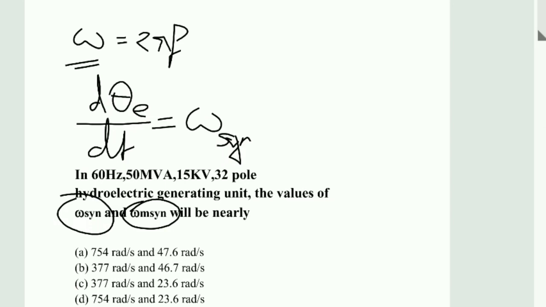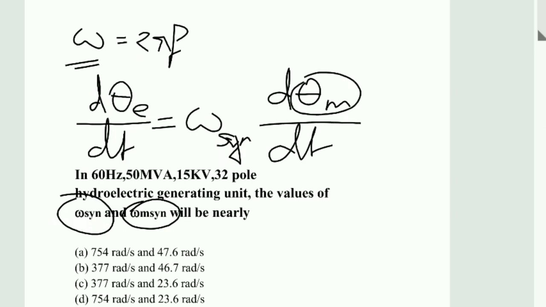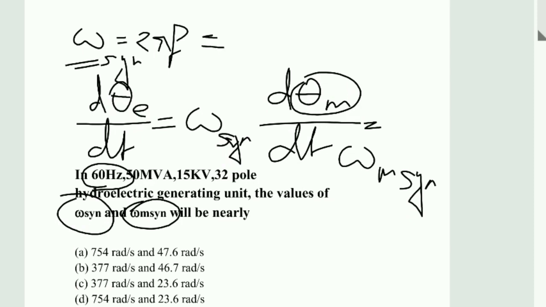Okay, now when we take d theta m, मतलब मैकेनिकल डिग्री जब हम लेते हैं विद रेस्पेक्ट टू टाइम, we will get omega m synchronous, ठीक है? So here we can calculate, as frequency is 60 hertz, the electrical synchronous speed will be 2 into 3.14 into f 60, right?